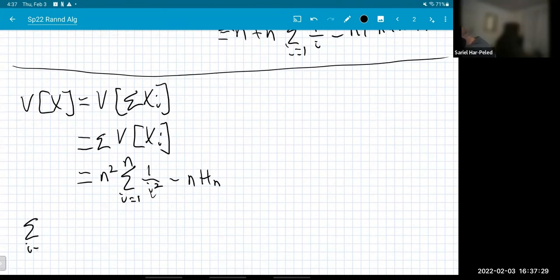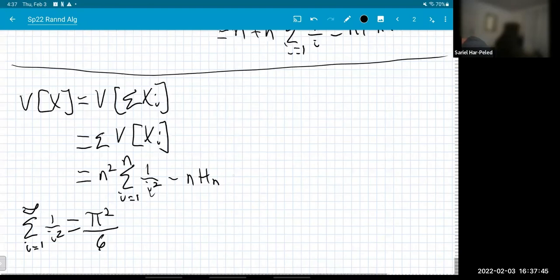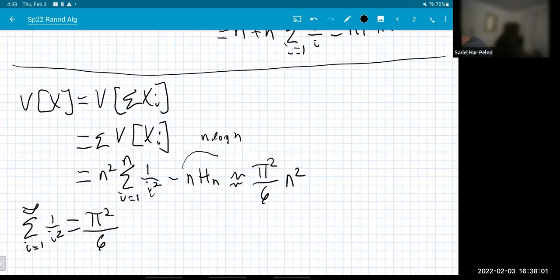Now I'm sure you all remember that the sum of 1 over i squared is pi squared over 6, because what else can it be? So this term is roughly n log n, and n squared is much bigger, so this is roughly pi squared over 6 times n squared.